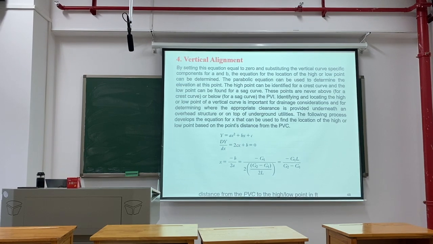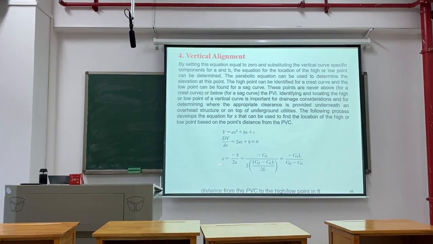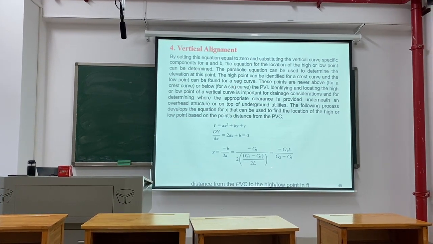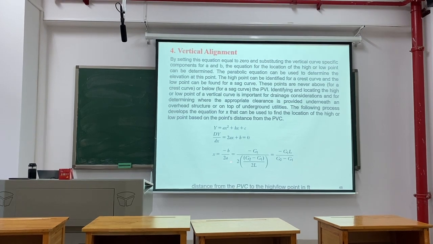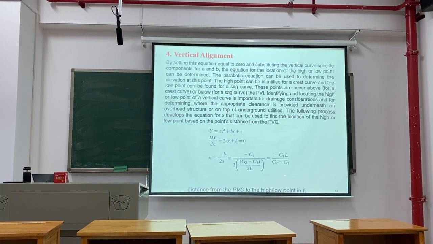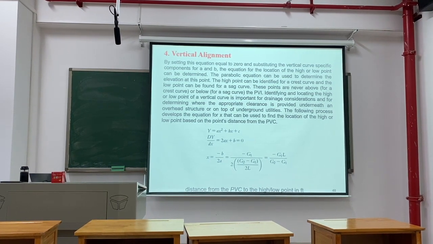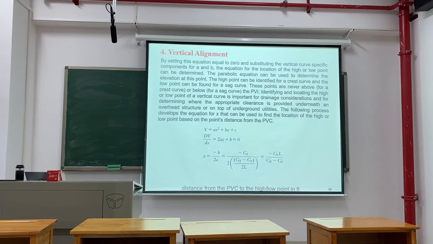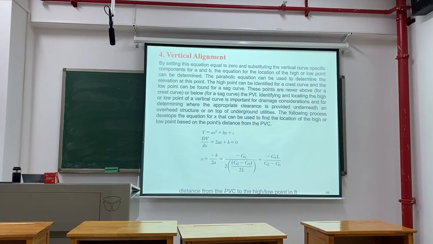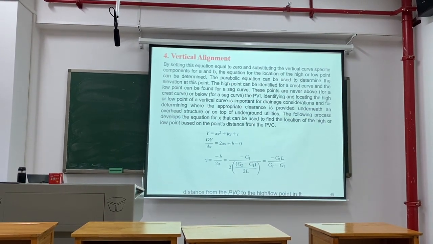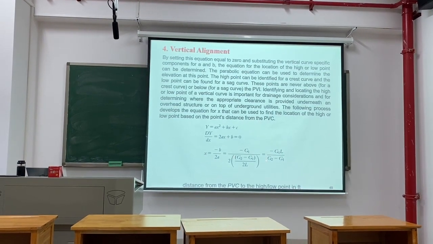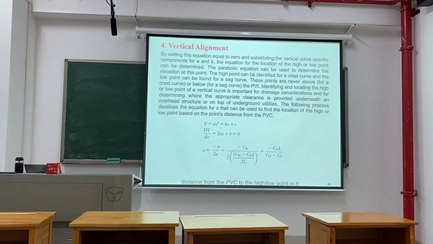And then we can set it to zero, so x is equal to minus g1 over 2 times A over L, which gives x equal to g1 L over g1 minus g2.